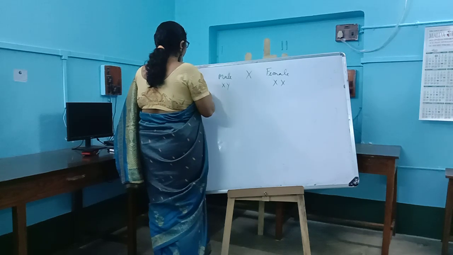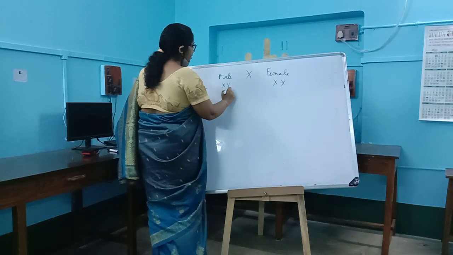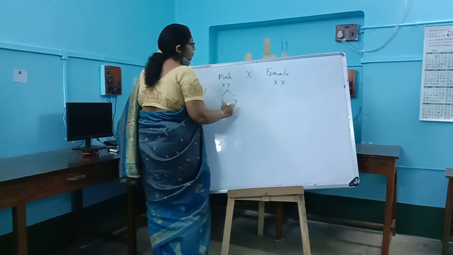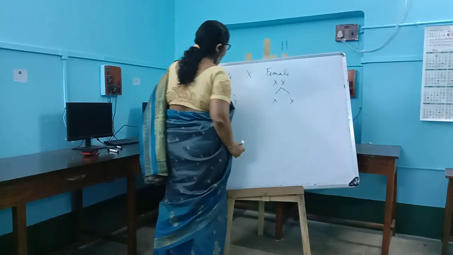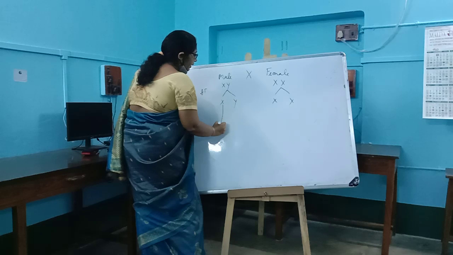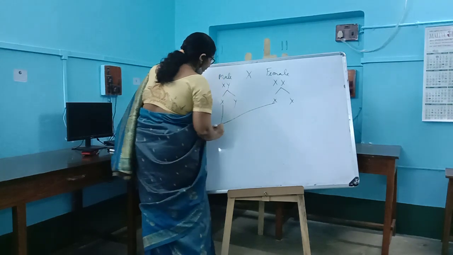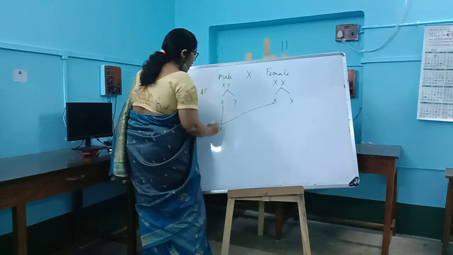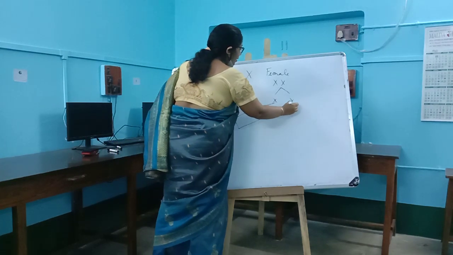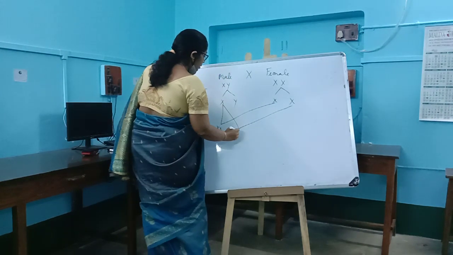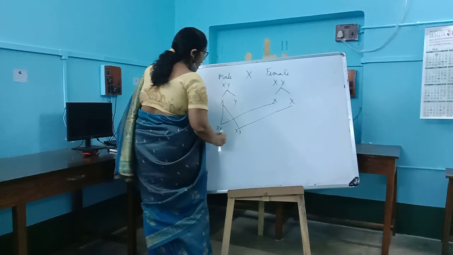Now at the time of gamete formation, what's going to happen? These two will separate out X and Y, and these two will also separate out X and X. Now if the X of the male combines with the X of the female, it forms XX. If the X of the male combines with the other X of the female, then that also is XX.